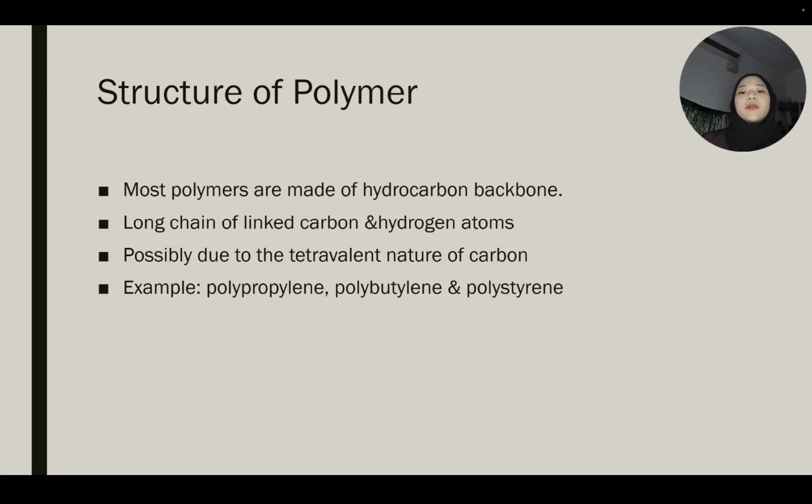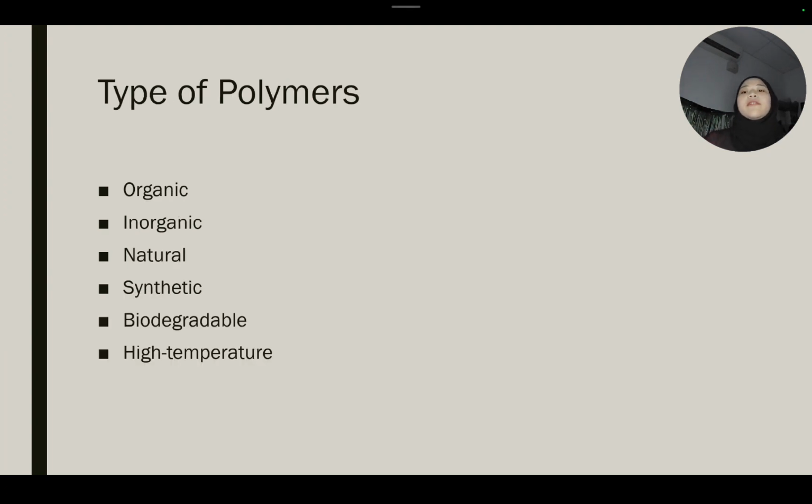For example, polypropylene, polybutylene, and polystyrene. Types of polymers. There are six: organic, inorganic, natural, synthetic, biodegradable, and high temperature.